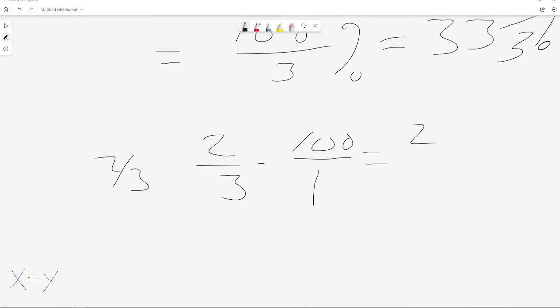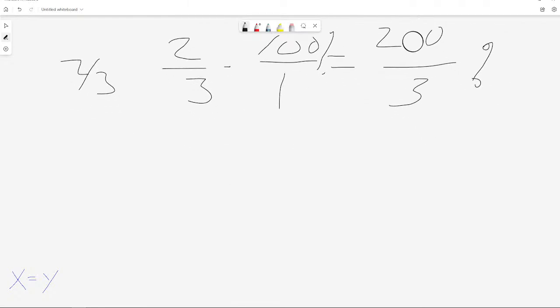That's going to give us 200 over 3. Remember, this is still percent too. Now 3 goes into 200. You can do the long division if you want. I'm not going to. 66.